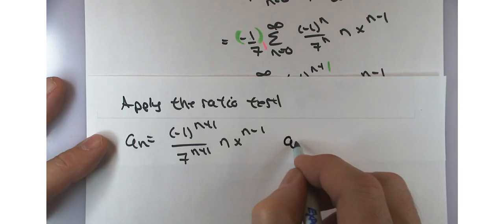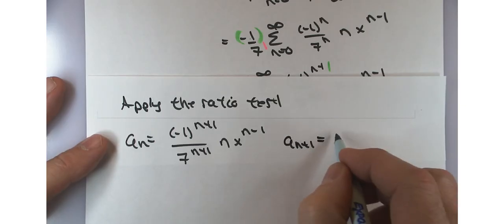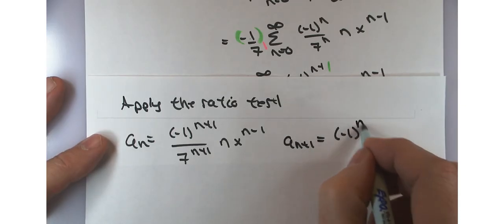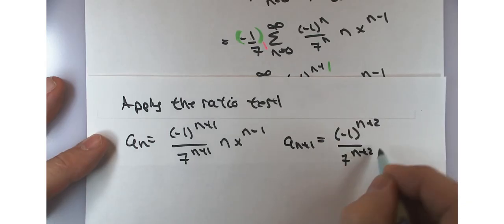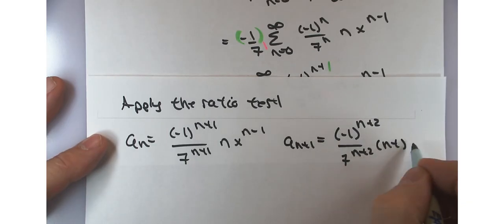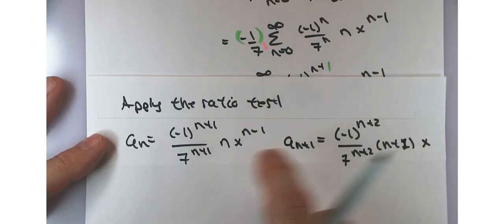A sub n plus 1 is going to be negative 1 to the n plus 2 over 7 to the n plus 2, times n plus 1, times x to the n.